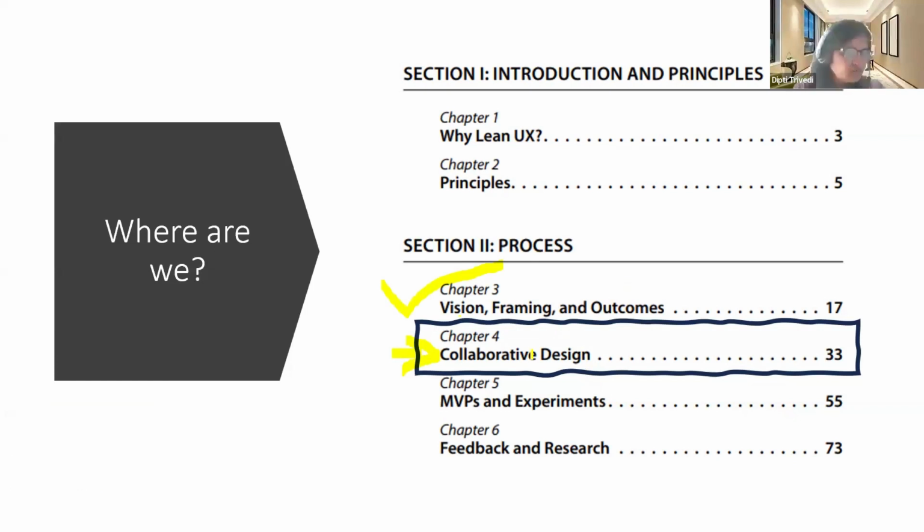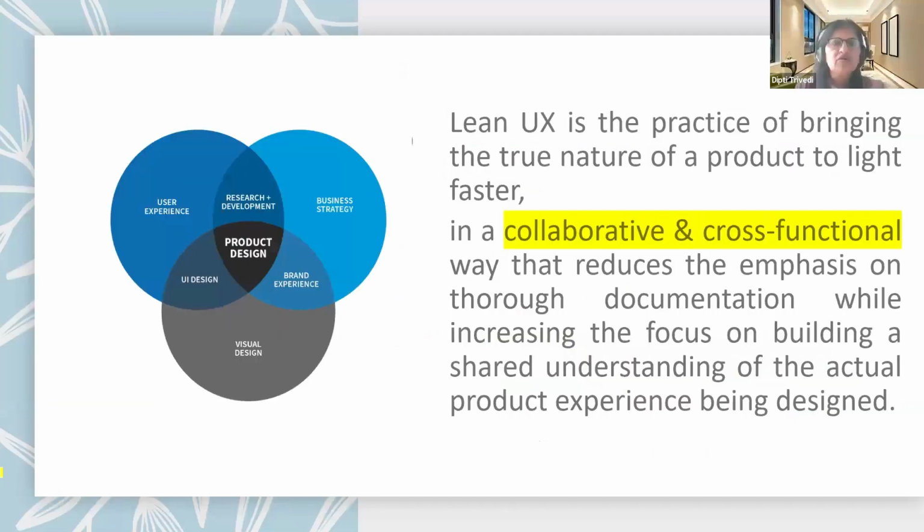What are the attributes? As we know, Lean UX is nothing but a practice of bringing the true nature of the product to be lighter and faster, in a collaborative and cross-functional way. More emphasis is on reducing thorough documentation, which ends up lying in one of the corners once the product is up and running and well received by the users. The book helps us in understanding those aspects.